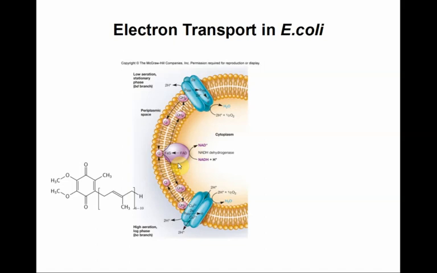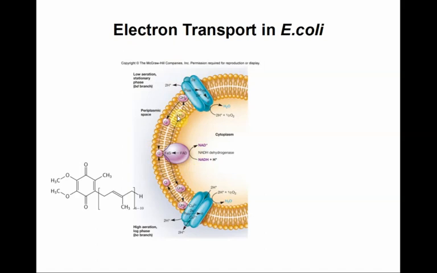Now the clever thing about coenzyme Q is that it will pick up the protons that are on the cytoplasmic face of the plasma membrane, and then when it is reoxidized, when it gives up those electrons here, it will release the protons on the periplasmic face of the membrane. So just by doing that, it creates a proton gradient.